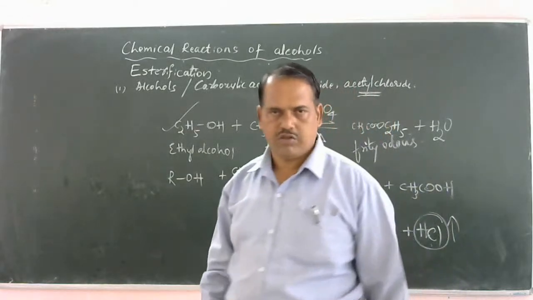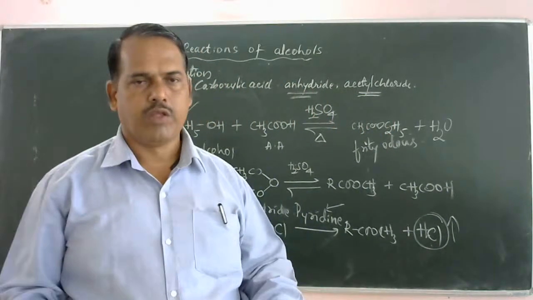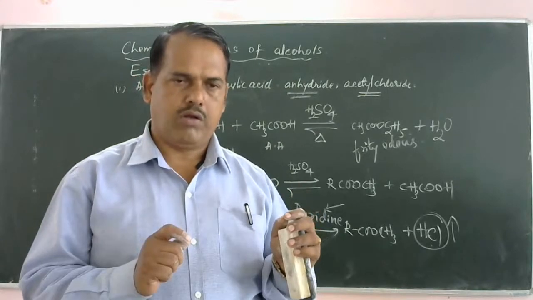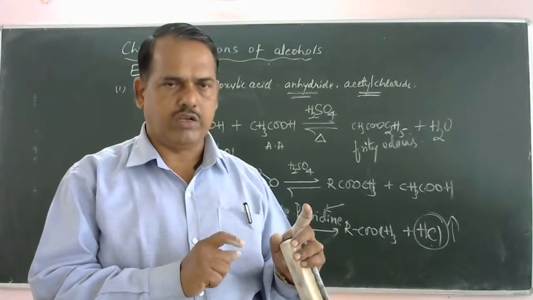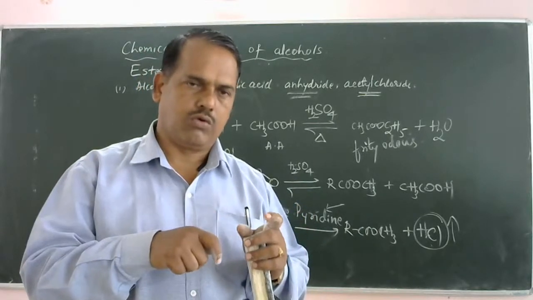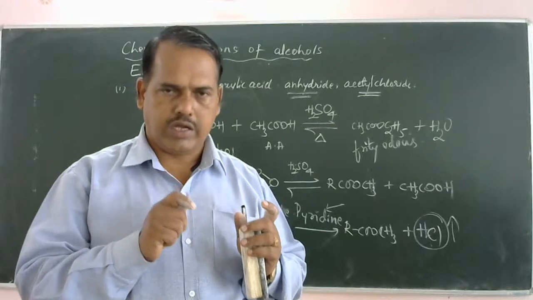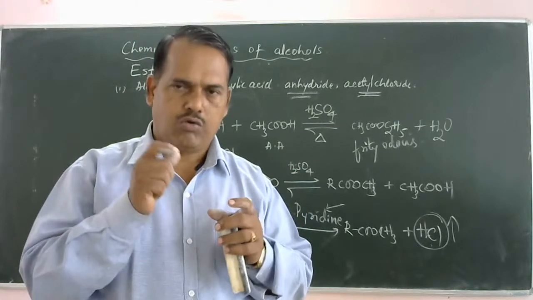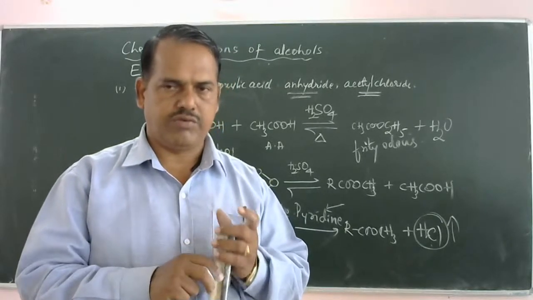So this reaction you have to perform in the laboratory. When college starts, we shall see how to perform it. You have to take about 1 or 2 ml of ethyl alcohol in a clean test tube. Again, you add 2 to 3 ml of carboxylic acid. Add 1 or 2 drops of concentrated sulfuric acid.